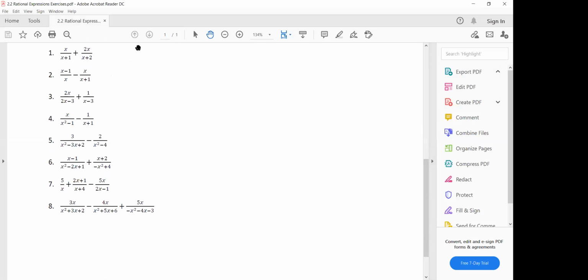Let's keep it simple. Let's not do the hardest one. How about we try... I wish I could do a quick vote on Zoom. Number 4 or number 5 seem to be pretty decent.